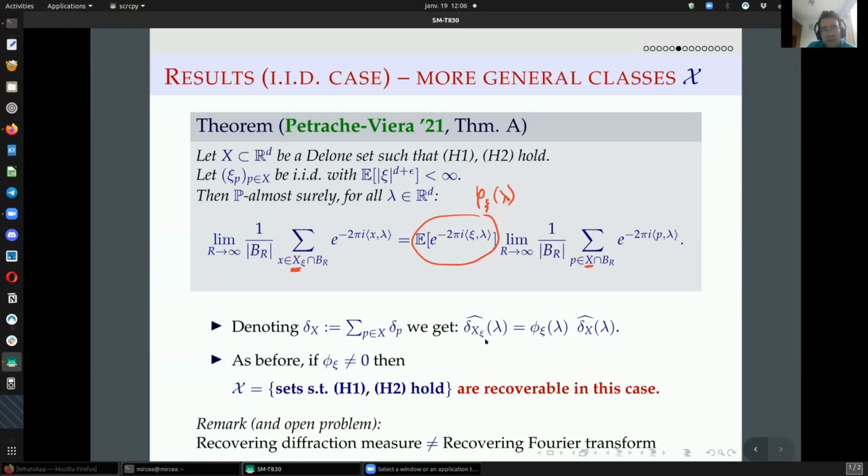So the theorem is telling you that almost surely, when I measure my Fourier transform for an instance, I see the same as if I took the law of xi and convolved it with the deterministic set X. In that way, I can recover it.